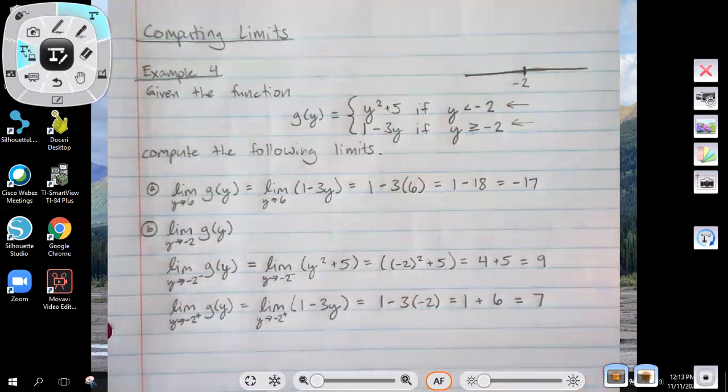So in order for the regular limit, the normal limit, to exist, remember both of the one-sided limits also have to exist, which they do, but they have to be equal as well. So the function has to be approaching the same number from both sides. And in this example, they're not. One's approaching 9, one's approaching 7.